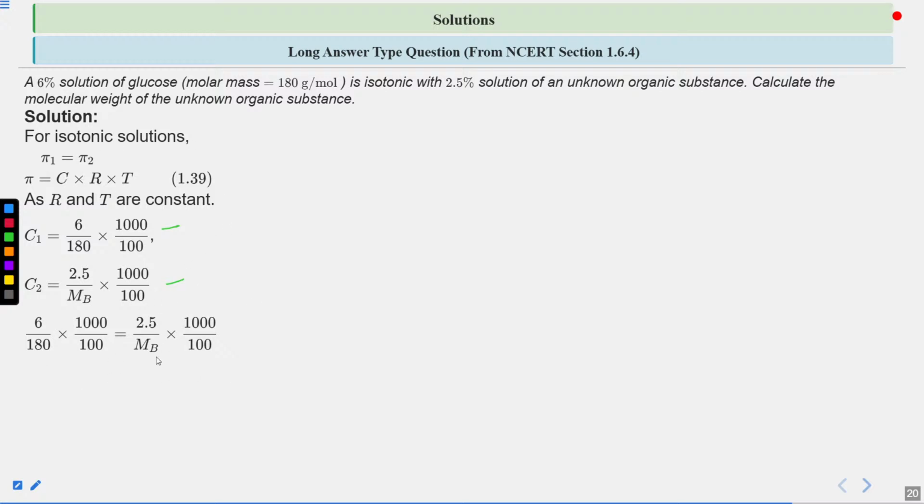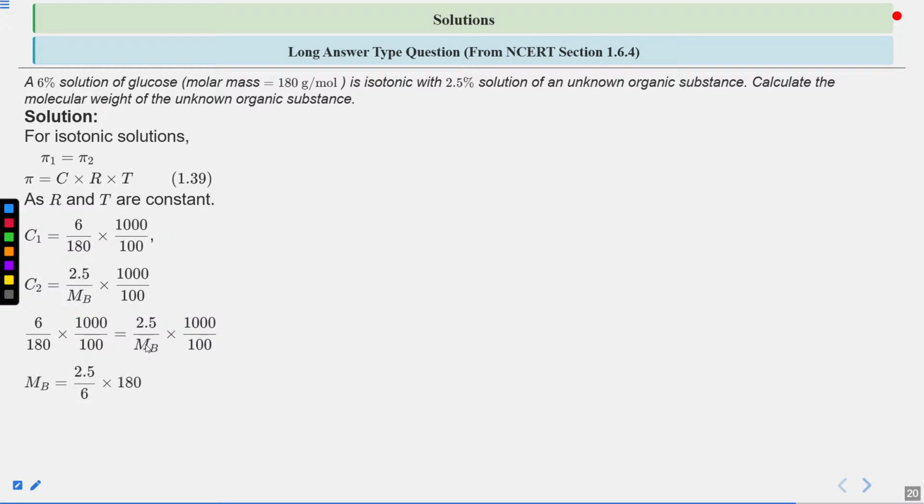The terms 1000 by 100 on both sides, used for the unit conversion, cancel out each other, because there is an equals sign between them. The remaining is 6 by 180 equals 2.5 by mB, the molar mass of B, the unknown organic substance.